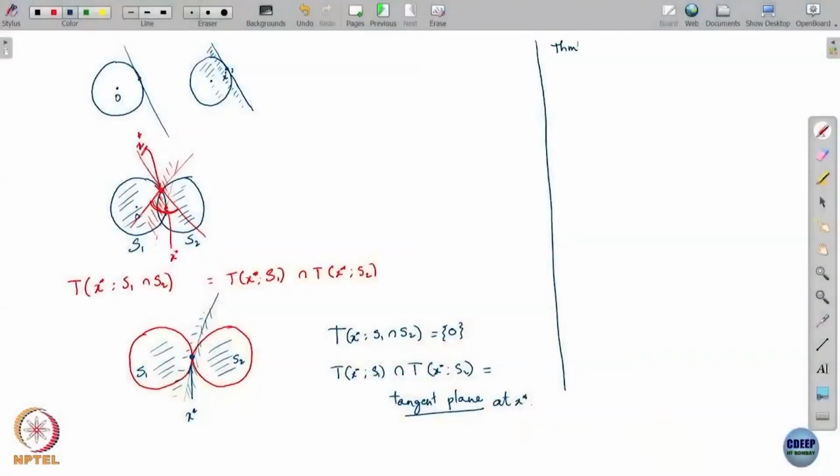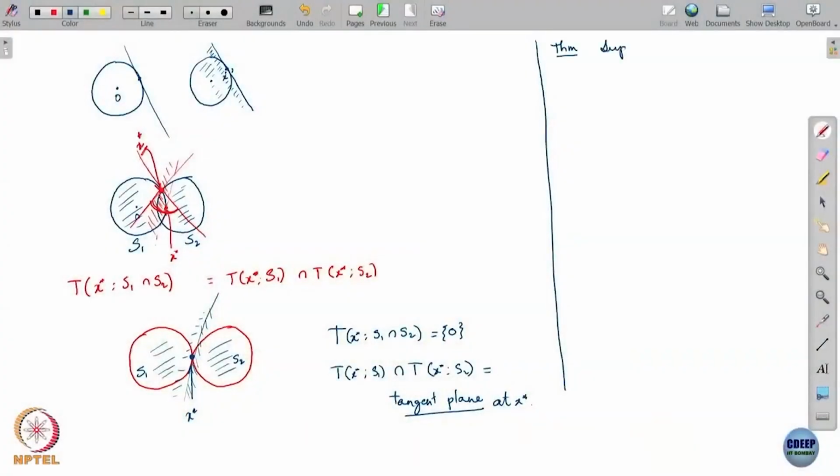I will state the result for you. It is not that hard to prove. The reason they play such an important role in optimization is the following. So here is the main theorem in which they appear.